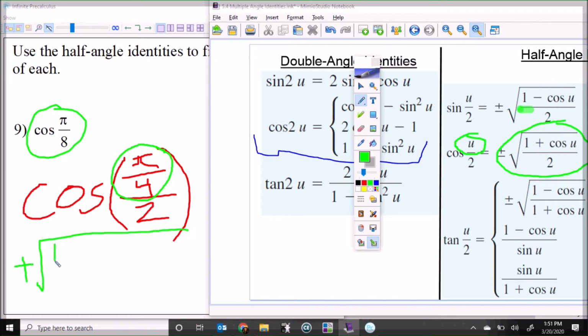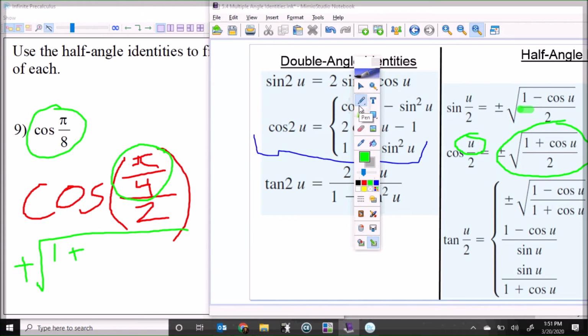We have 1 plus cosine of not pi over 8, but pi over 4, because that's our u. So cosine of pi over 4. And just so I can save writing, let's think about what is cosine of pi over 4.